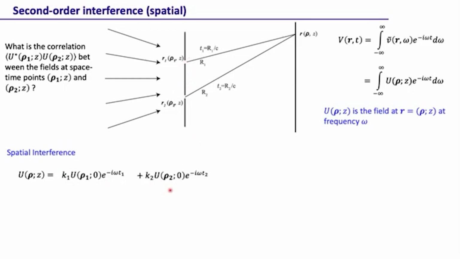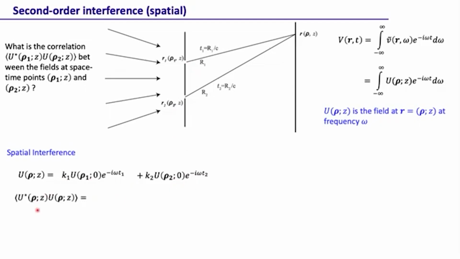And then it will also have a contribution from this particular slit, which contains the field at rho 2, and of course this phase factor because it travels a separate distance than this one. So the time it takes for light from here to there is t1, and in this case is t2, and that's what shows up. So this is the field U(rho, z), and it has components from U(rho 1) and U(rho 2).